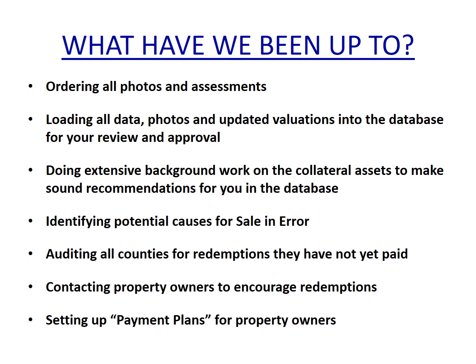Whether it's occupied, that sort of thing. We've also been identifying potential causes for sale and error. As I mentioned in the first broadcast, the property we purchased at a tax sale in 2013 might not necessarily be what's on the property in 2016. It could have burned down, they could have vandalized it, a lot of things could happen. So we're looking for causes for sale and error to just basically get you out of the lien, get your money back.